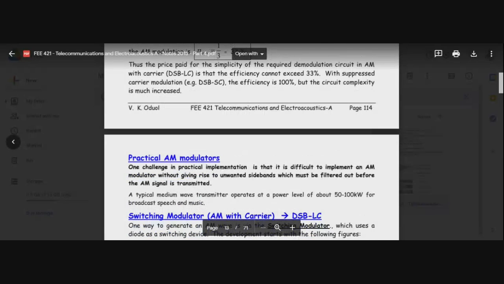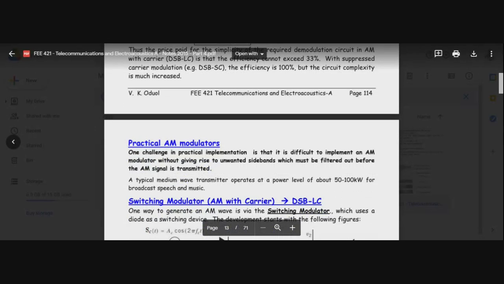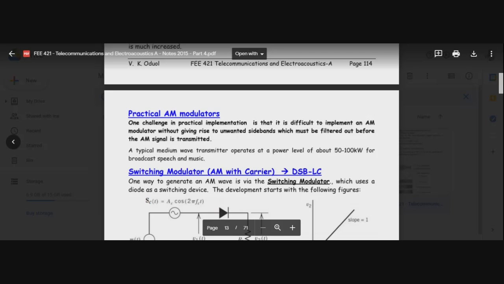So what happens then is that you pay the price of that by having a more complicated circuit. So now we have what are called practical AM modulators. The AM has become more or less a word by itself.